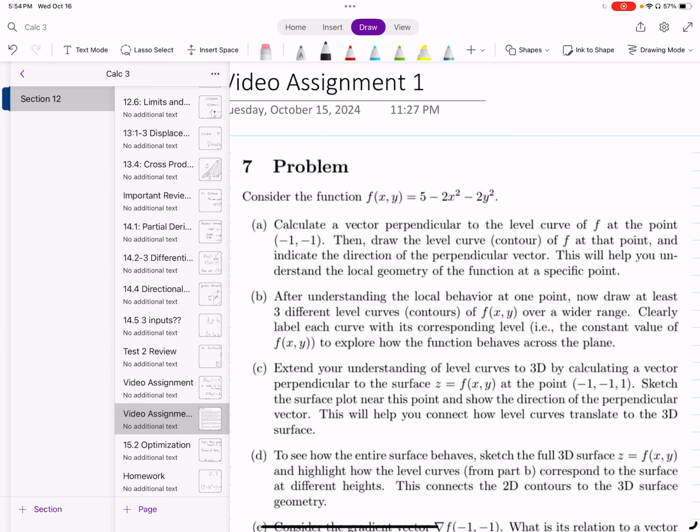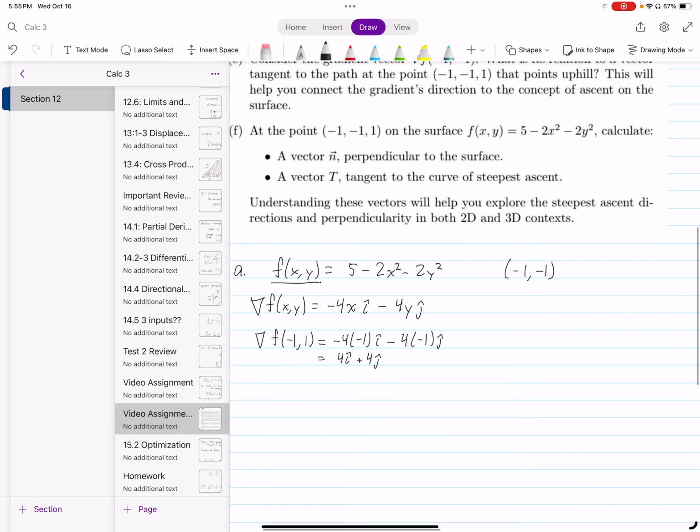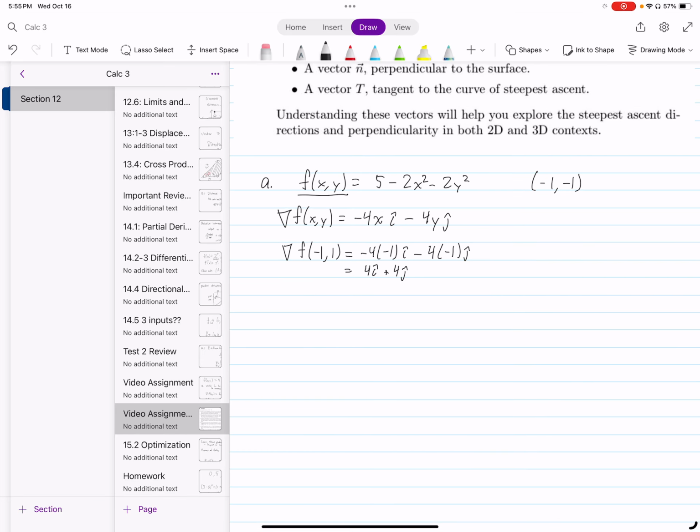And then they want us to draw the level curve of f at that point and indicate the direction of the perpendicular vector. Okay, so we will be making a contour diagram at an unknown z value.